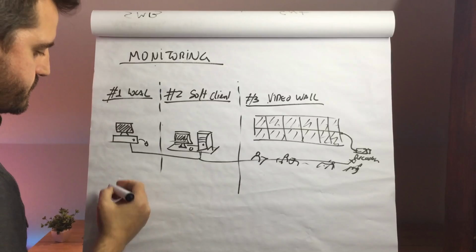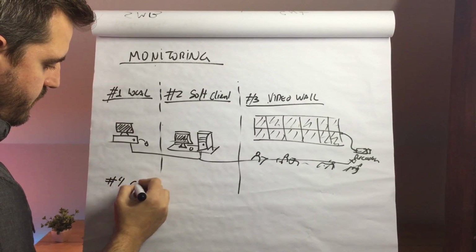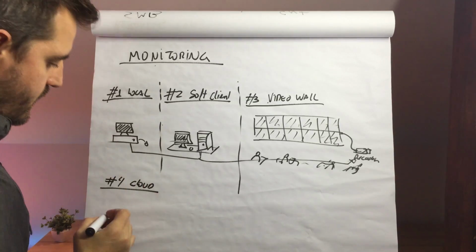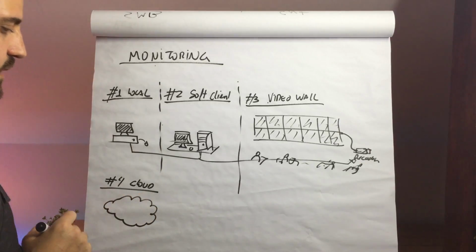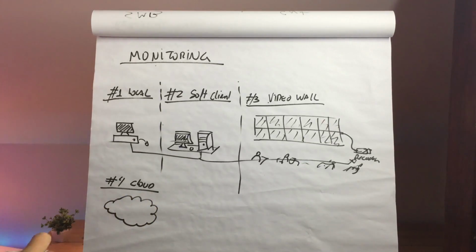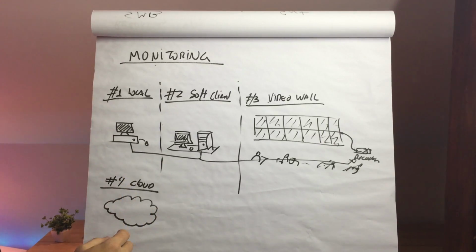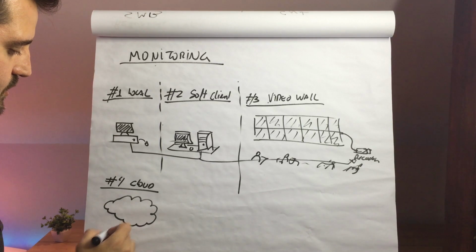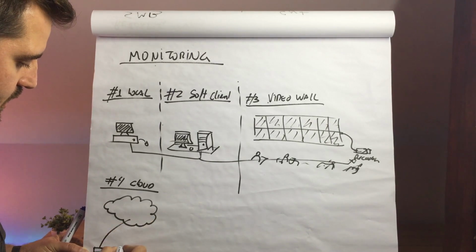And as we saw before, that we can have the recording being done by cloud, we can have the monitoring done by cloud as well. So let's assume that you have small NVRs or cameras connected directly to the cloud here.